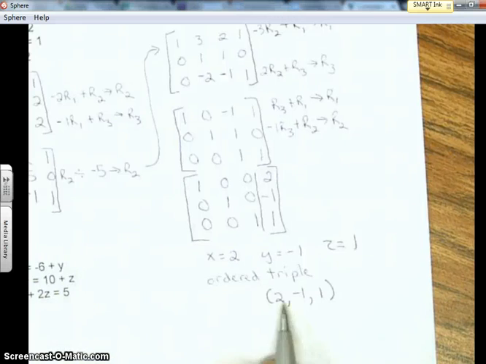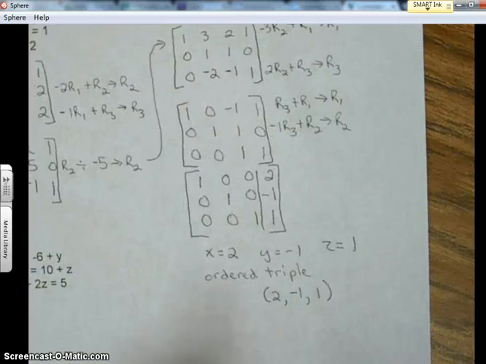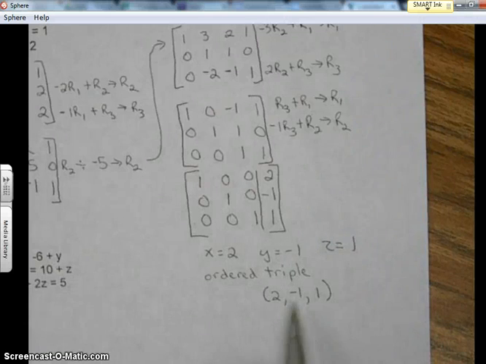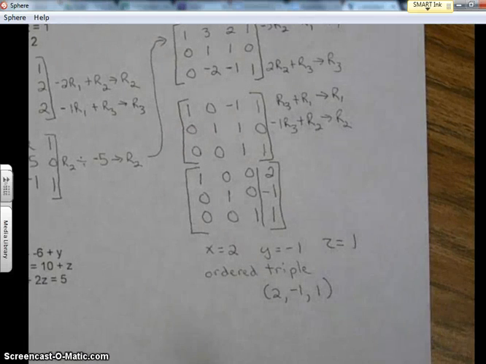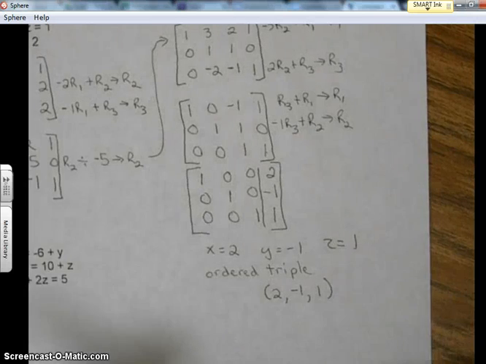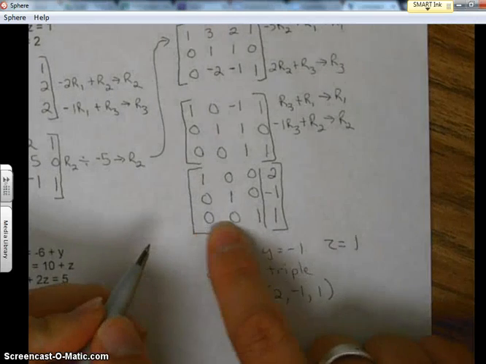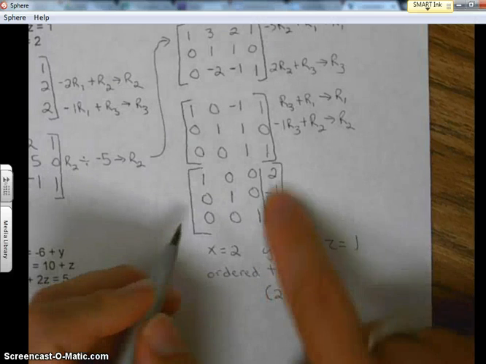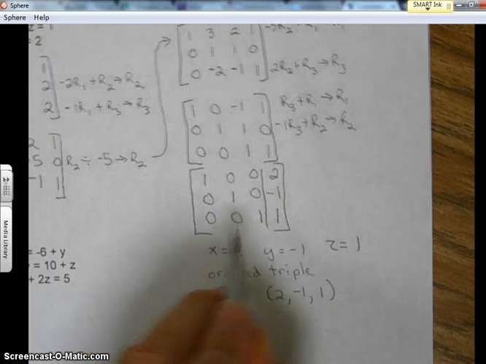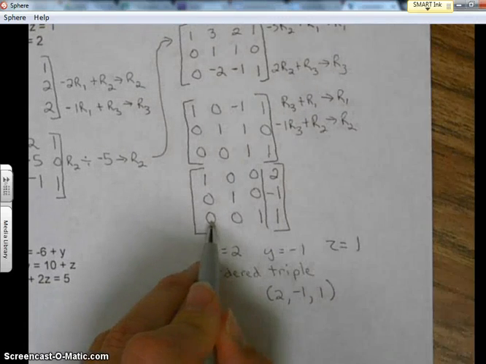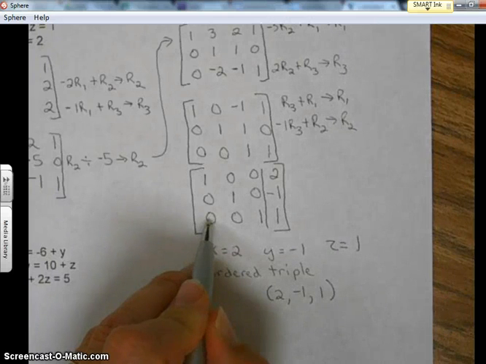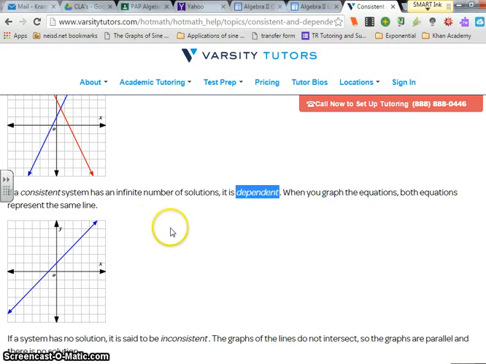Notice we have one solution, so this is consistent and independent. You will know if you have a dependent solution if you get zeros all the way across on any of the rows. Any of them. It would go 0, 0, 0, 0. Then you know that you have a dependent solution. An infinite number of solutions.